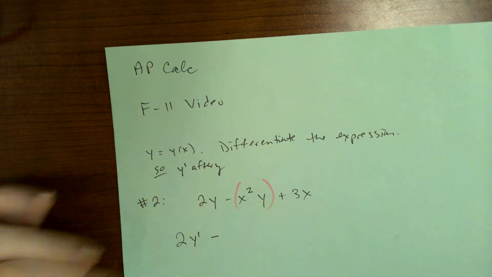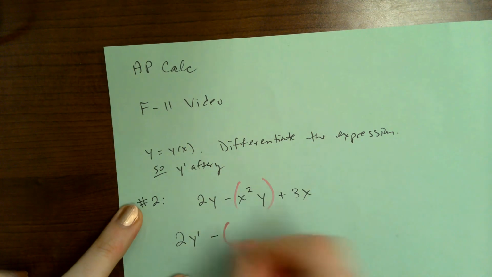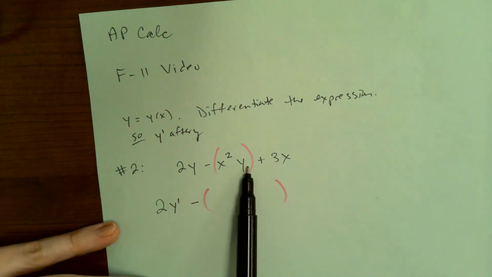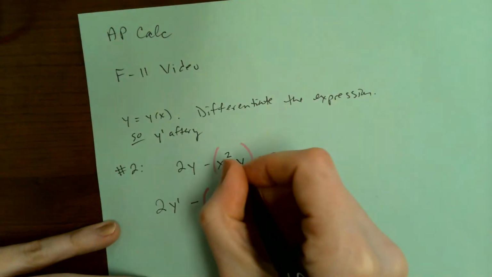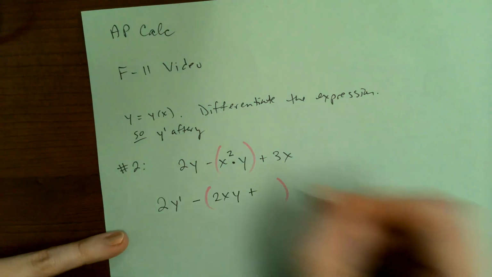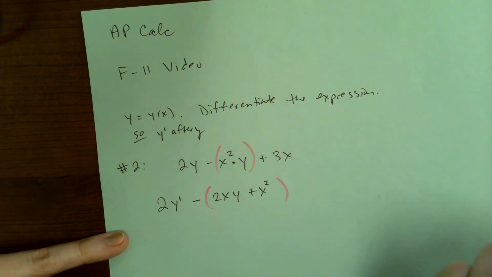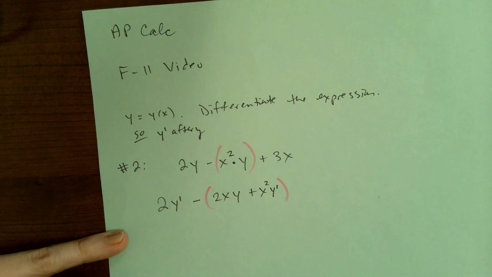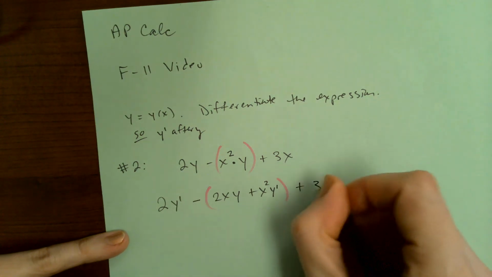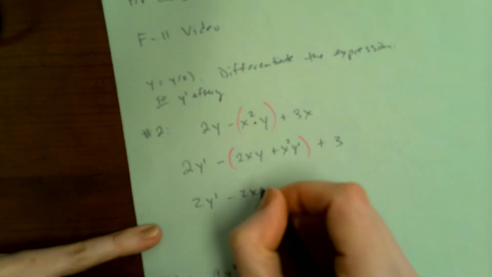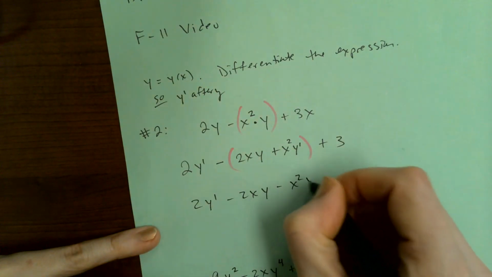I'll bring down the minus. Now, inside of these parentheses, I'm going to do the product rule. The derivative of x squared is 2x, bring down the y, plus bring down the x squared. The derivative of y is 1, but I need to follow that with a y prime. So I put a y prime, plus 3. Then I'm going to distribute.